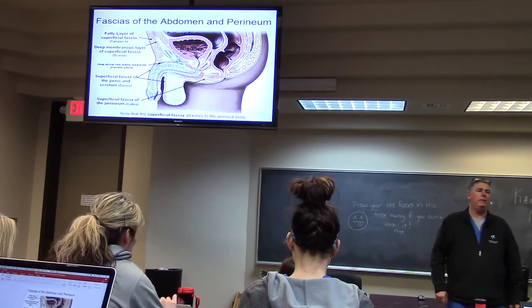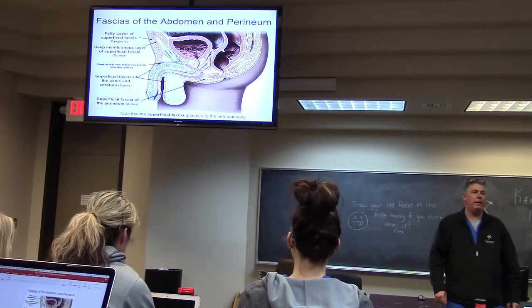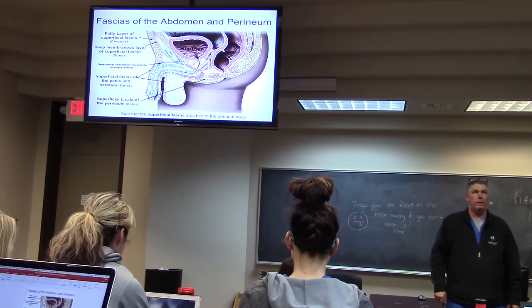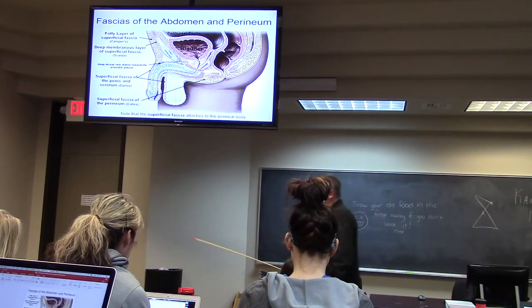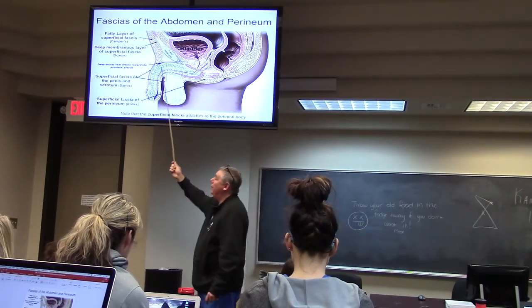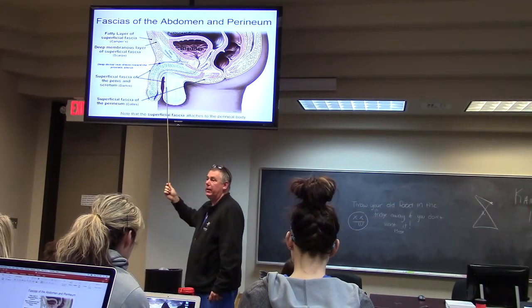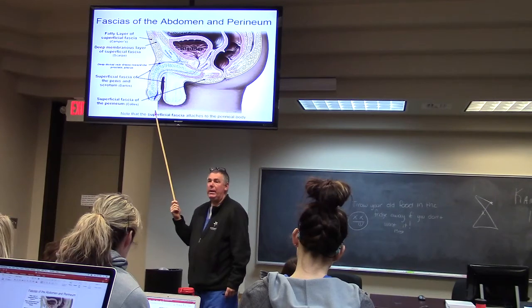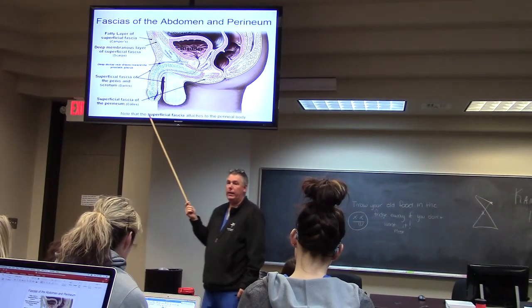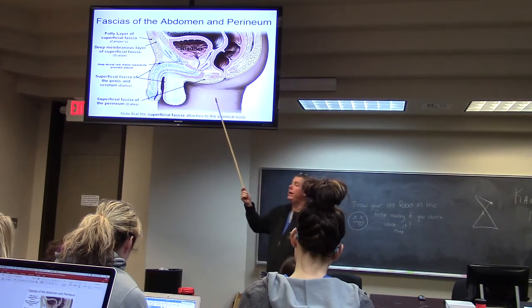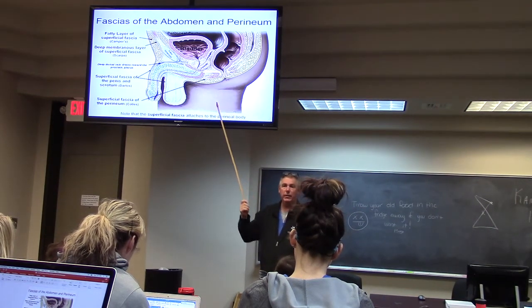I mentioned this before, that the superficial and deep fascia of the abdominal wall, the Camper's and Scarpa's fascia, is continuous around the penis as the dartos, and then continues on to the perineum as Colles fascia.